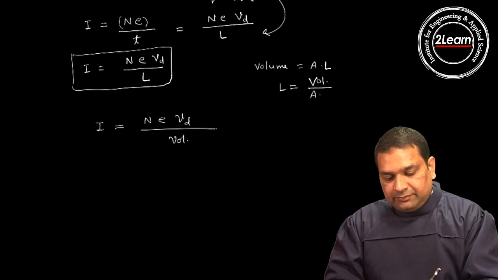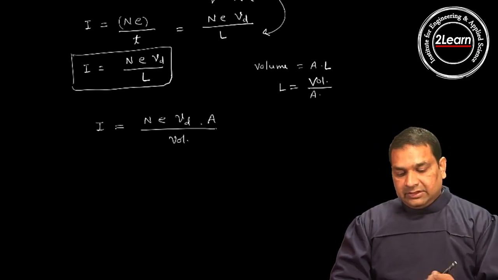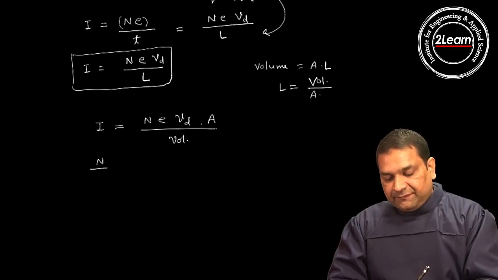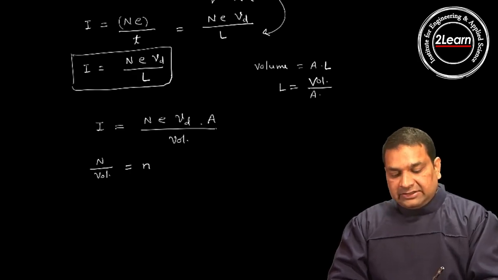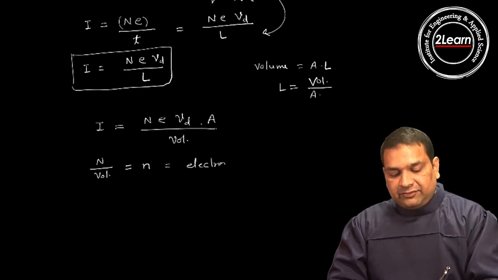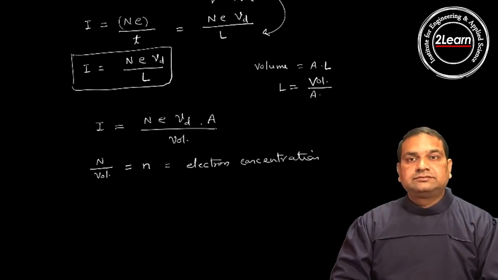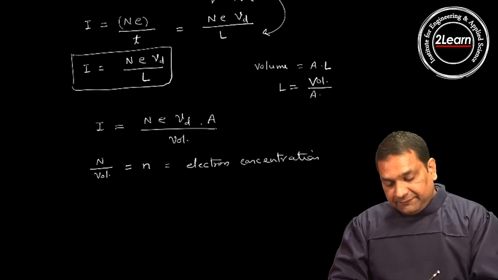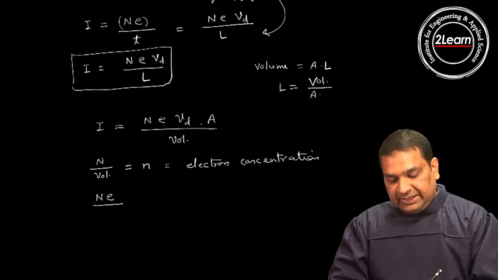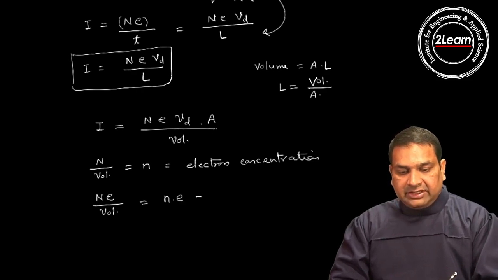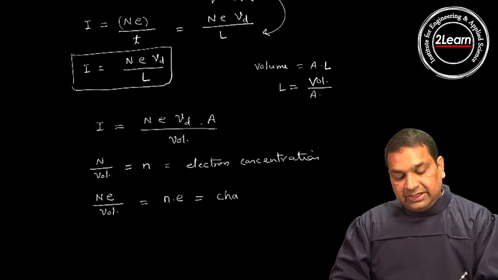Now there are two terms which I am going to define. Number of electrons divided by volume is nothing but small n, that is the electron concentration. And if we combine this, small n into E gives you the electron charge density, or simply charge density.